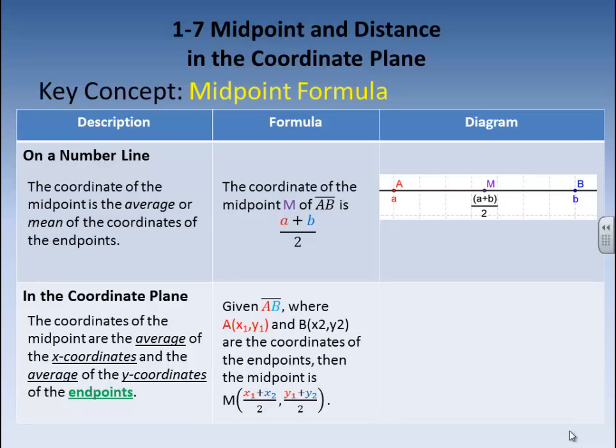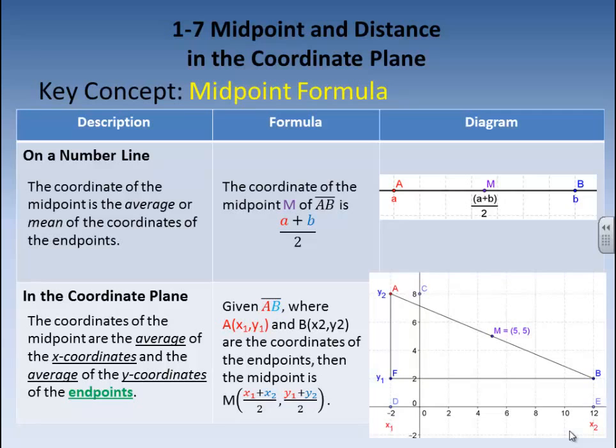The y coordinate would be add y1 and y2 together and divide by 2. So there is a representation of AB and the midpoint that's there. You might want to try to verify that that formula works for that particular diagram.